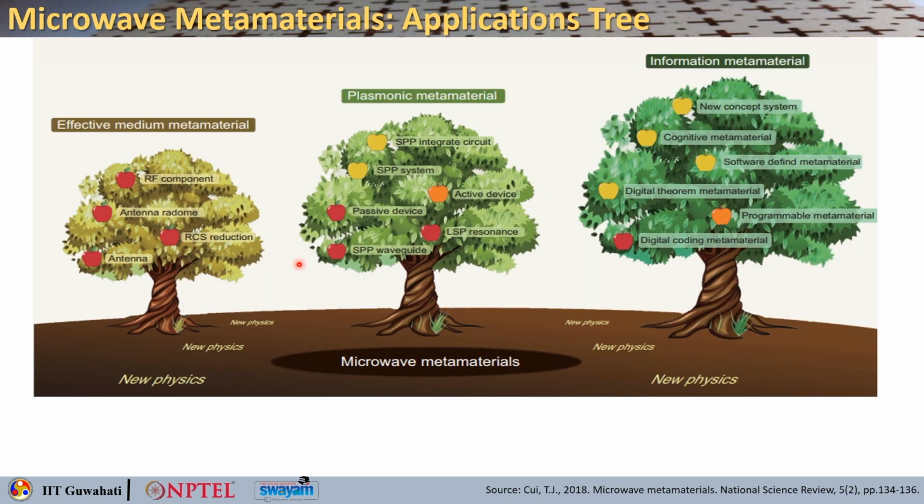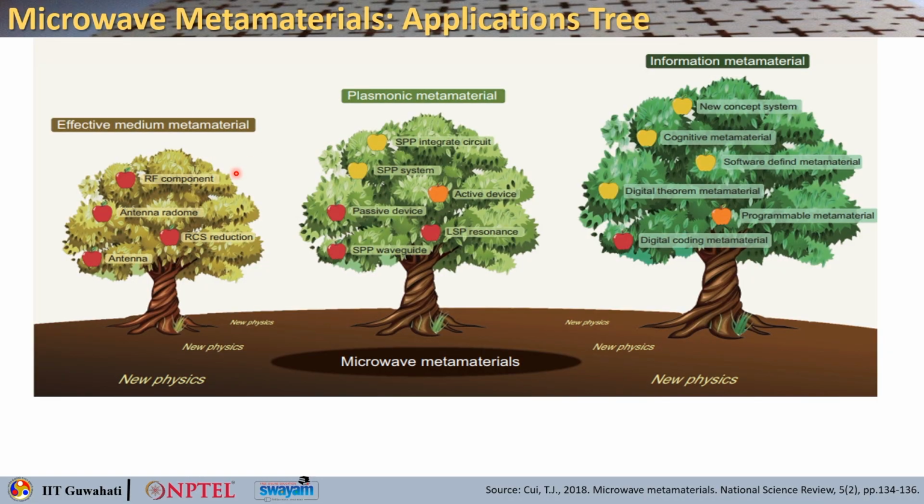So, here are the application trees of metamaterials, okay. You can see discovering the new physics has become undoubtedly the most necessary requirement for developing all these new metamaterials, okay.